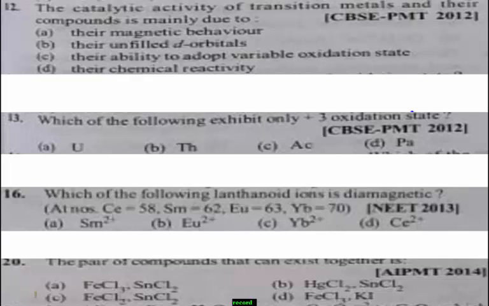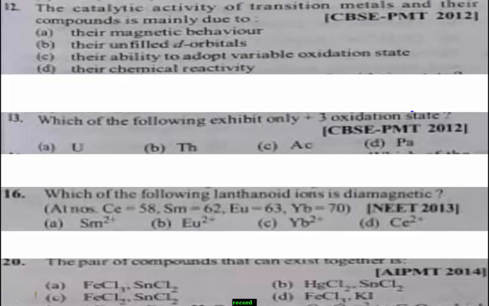Students, remember, the catalytic activity of transition metals and their compounds is ascribed mainly to their ability to adopt variable oxidation states, due to which they easily absorb and re-emit a wide range of energies to provide the necessary activation energy.